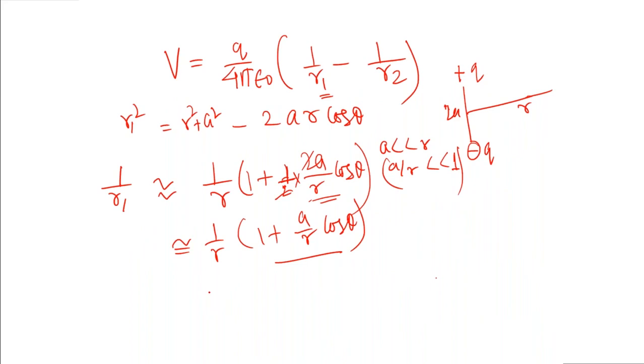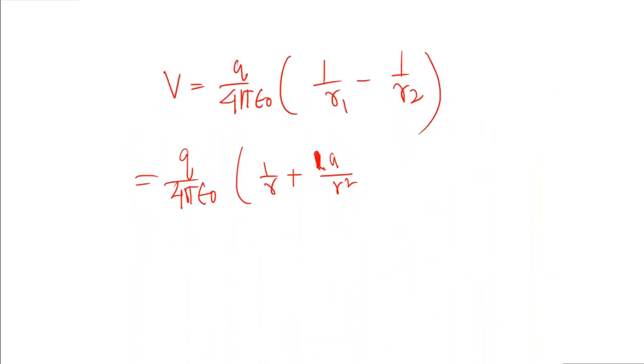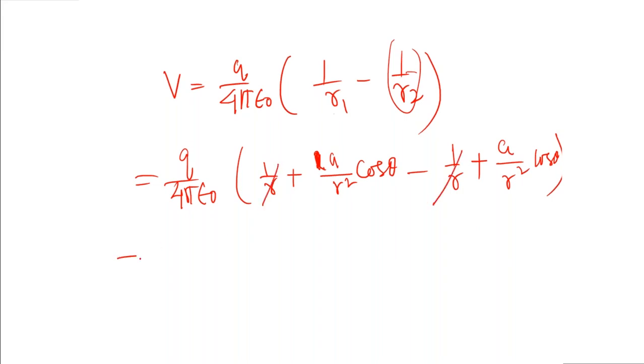And in the previous case, for 1 by r2, what we have got is 1 by r minus, there was a minus in this term, so it will be a by r square cos of theta. Look, the 1 by r and 1 by r cancel each other. So I have got q by 4 pi epsilon naught times 2a by r square cos of theta.